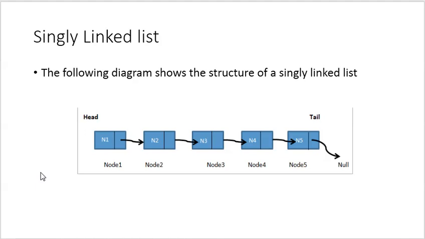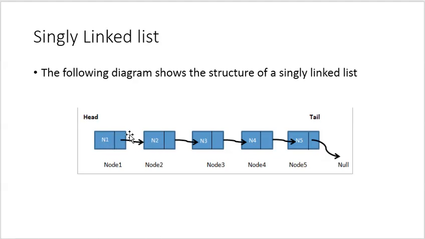This is a little bit of the singly linked list which we have already studied, that it consists of nodes. Each node consists of data and a pointer pointing to the next node.